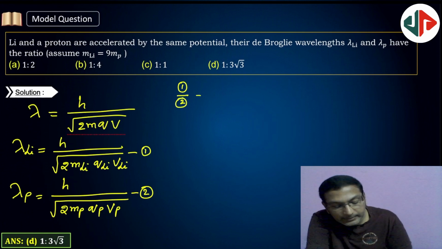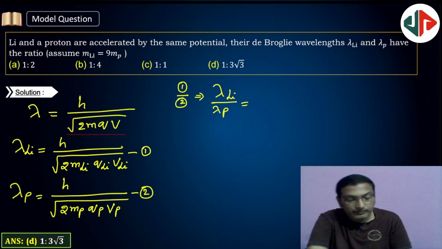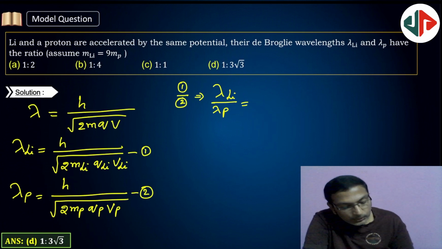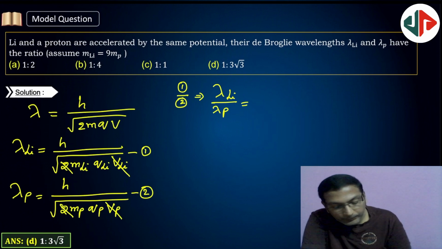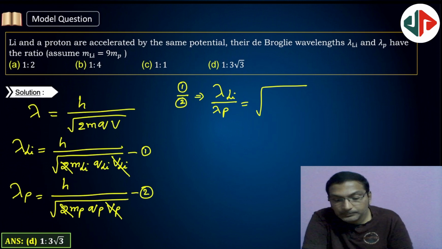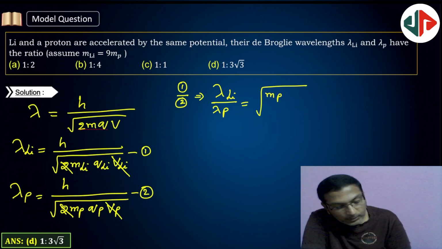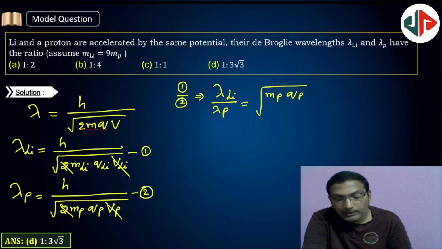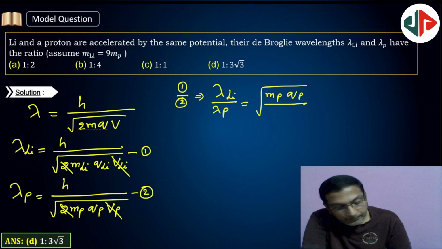Expression 1 by 2 gives wavelength of Li by wavelength of proton equals, the 2 gets cancelled, potential is also the same. So the terms are root over mass of proton into charge of proton divided by mass of lithium into charge of lithium.